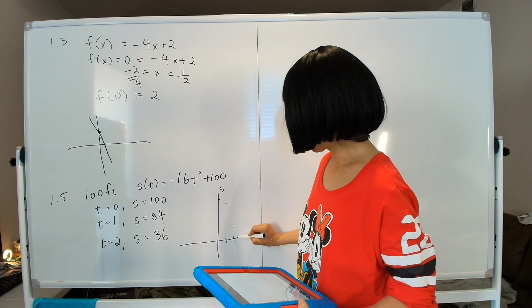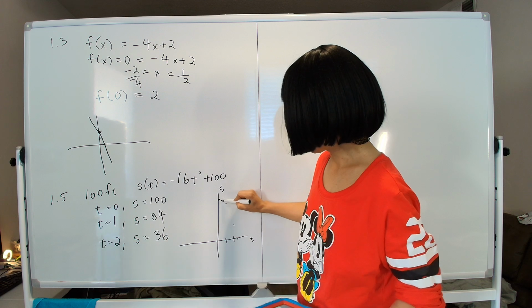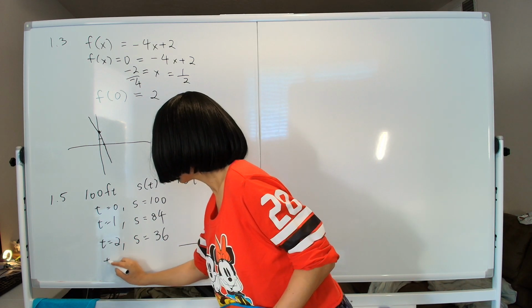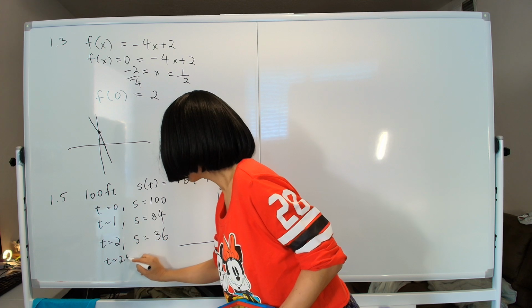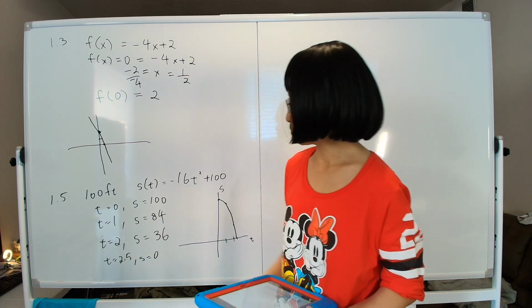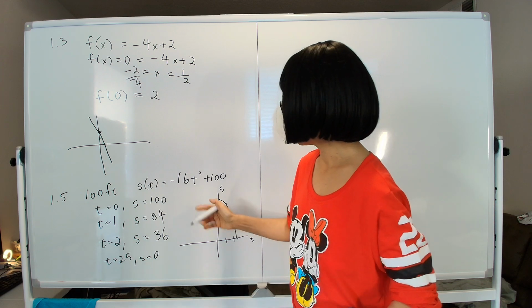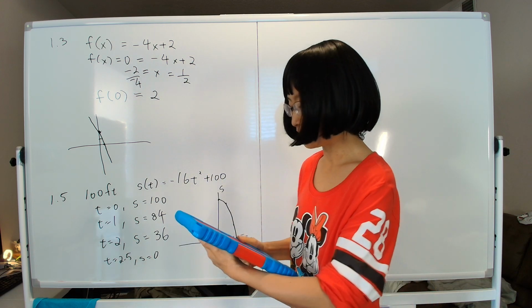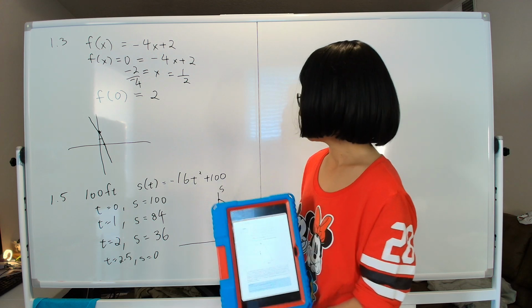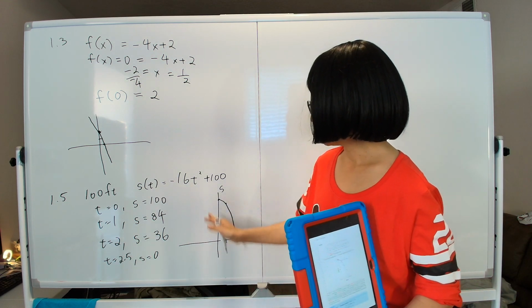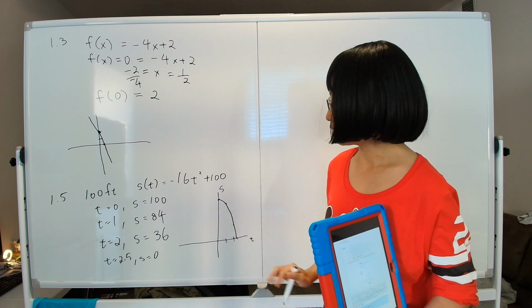So it's at 2.5, it goes all the way down. Well, when t is 2.5, then S is 0. I haven't done the math. We'll just assume that it is, because that is what the book says, right? So the purpose here is just to show you how to draw the graph, or remember how it's done.